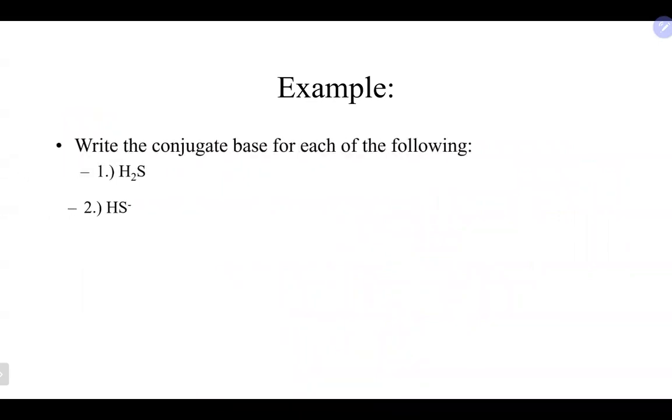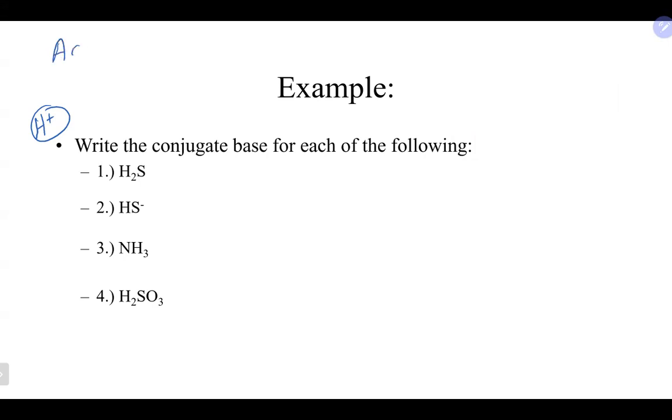All right, so for each of these, write the conjugate base. Starting with each of these, what would their conjugate base be? Once again, we either want to put on the H plus or take off the H plus. Thinking about what we learned earlier can be helpful.